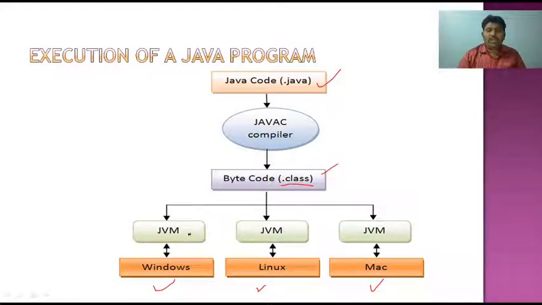This Java virtual machine will translate your bytecode to the Windows understandable format. Like that, the JVM of Linux will translate your bytecode to Linux understandable format. According to the system, your bytecode is automatically translated.